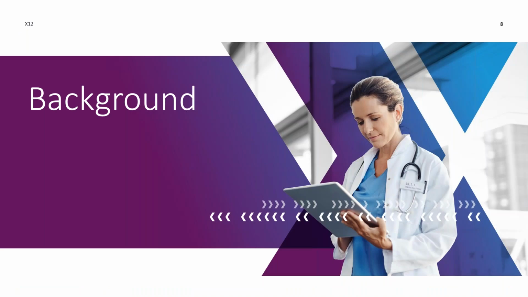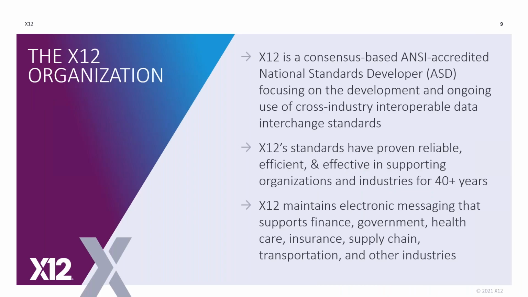Next slide around background, and if we could connect to the next slide, the organizational structure around X12. I know we've talked about this in detail, but I'm going to recap some really significant information here around X12: why we're here, what we do, and how we function.